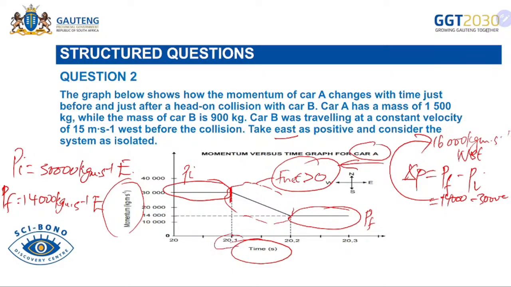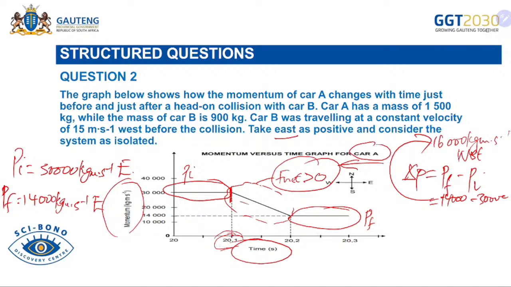Remember the frictional force was ignored, but suddenly there's a change in momentum. What will cause the change in momentum of car A? It's the collision between car A and car B. So the collision was at 20.1 seconds, and that is why there's that change in momentum.